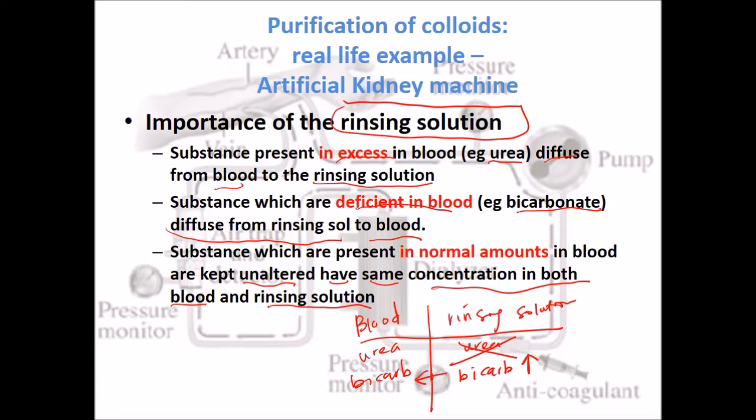For sodium, which you want to maintain the same on both sides, you should have your solution in the right isotonicity to the blood, so that it won't diffuse in and out between the blood and the rinsing solution.